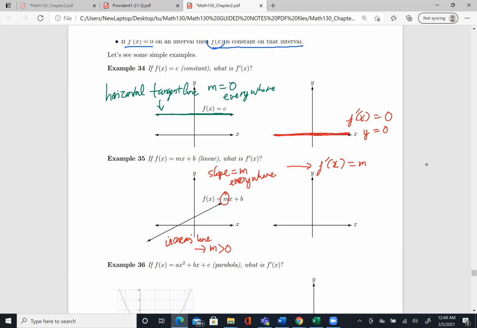So then the f'(x) has to be a horizontal line at y equals m, and m in here should be greater than 0. So, a horizontal line. Okay.